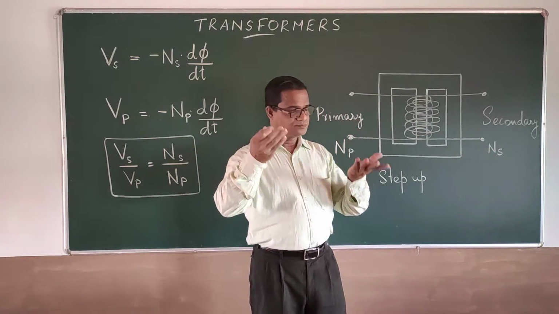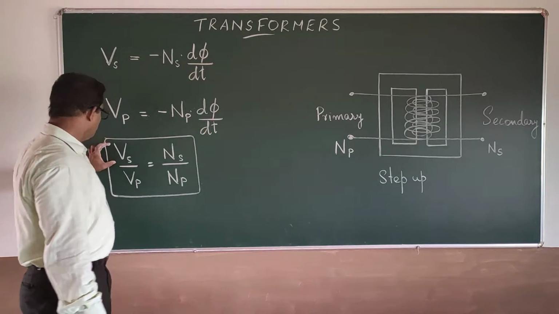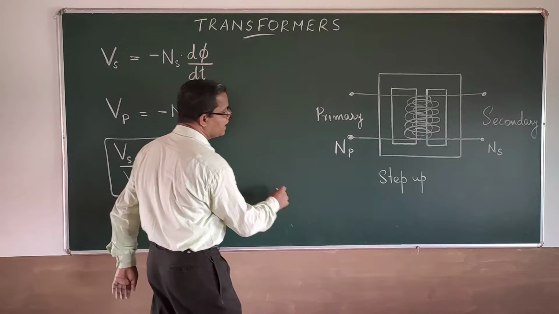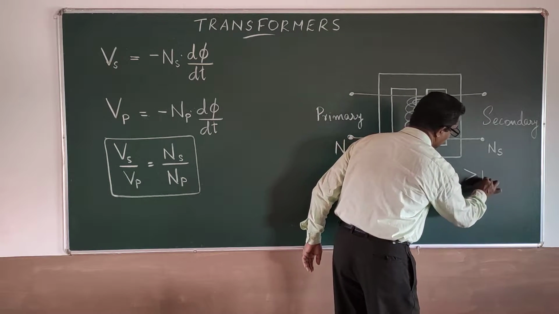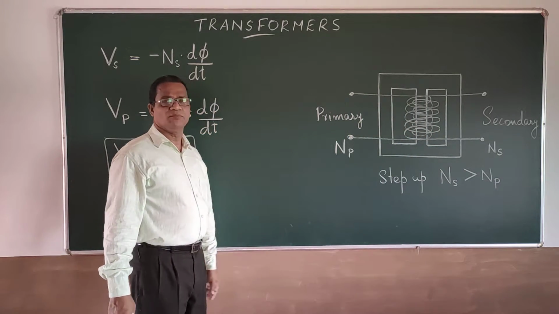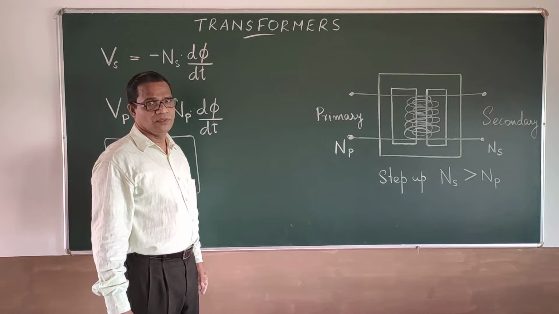Stepping up. So in that case, we can see output voltage is greater than the input voltage. That is possible only if Ns is greater than Np. So just by adjusting the number of turns, we can increase the voltage.